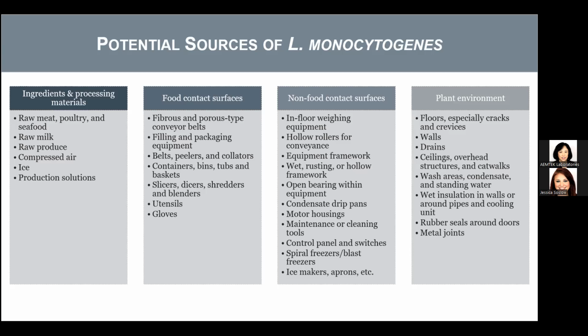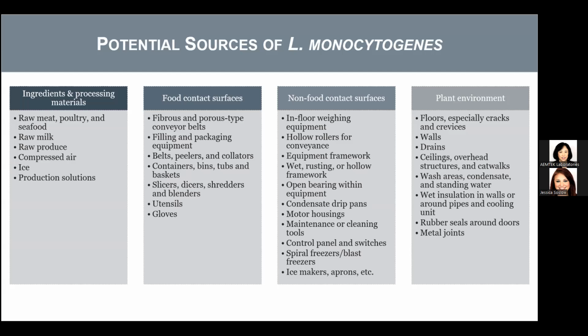I have seen some of those. And then the filling or packaging equipment, the belts, peelers, and containers, and sometimes the slicers, dicers, and shredders, if not properly cleaned, or if there are any cracks or any bolts that are not cleaned properly, they can harbor the pathogens.